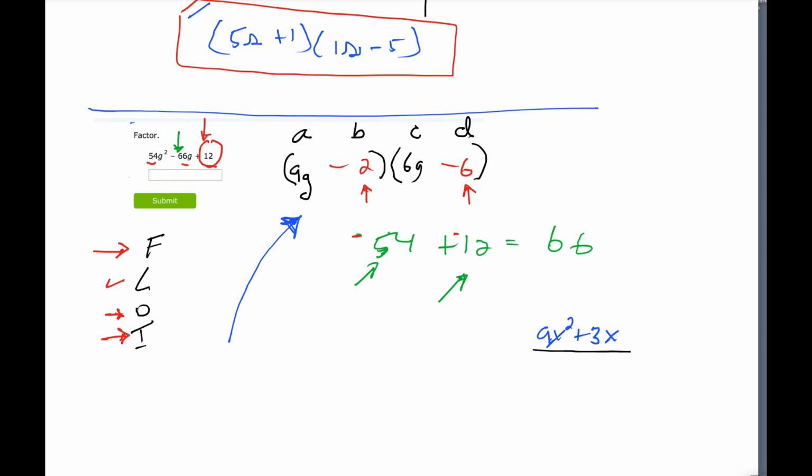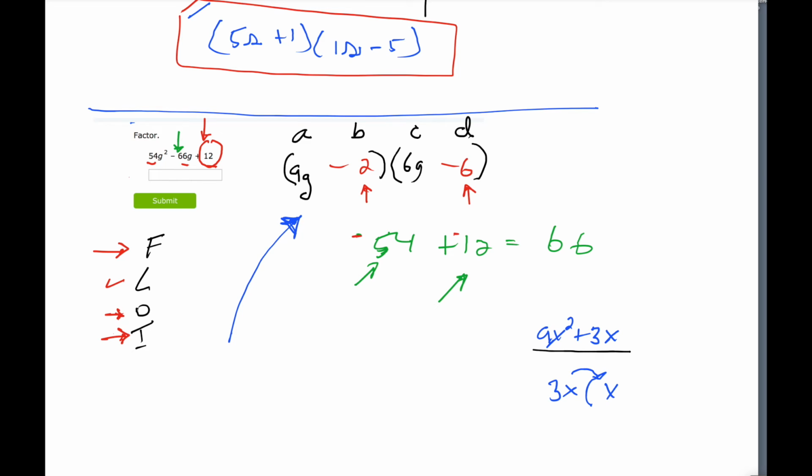Okay, so pop out right here. And what do you get? Okay, cool. And then now what do you get? You want to be able to get, when you put it back together again, a 9x squared.